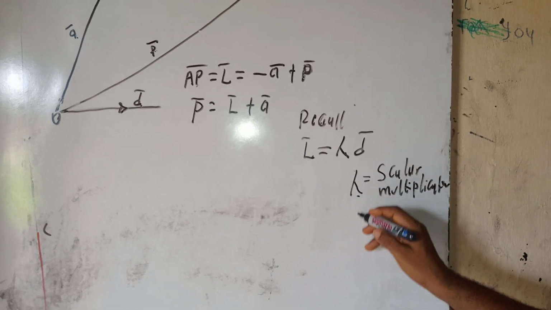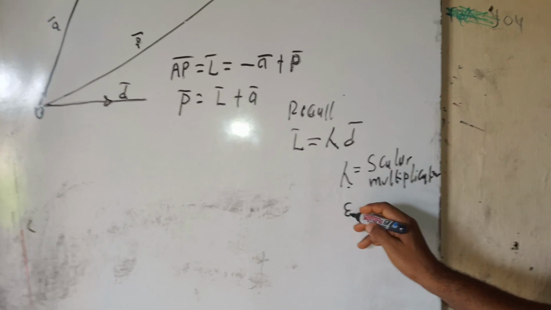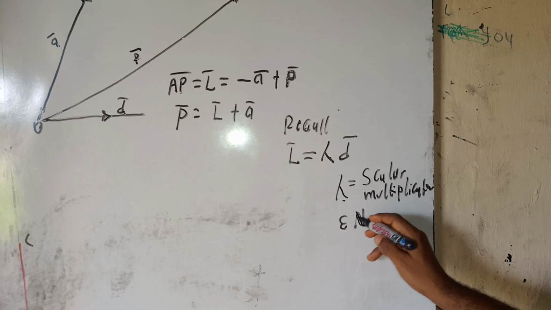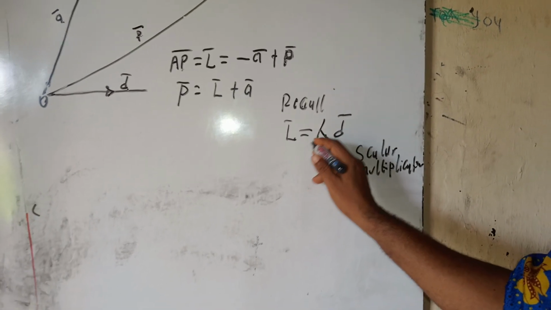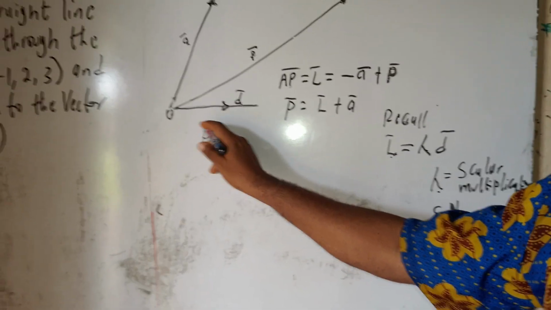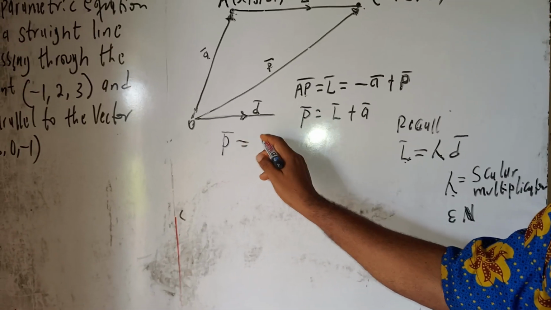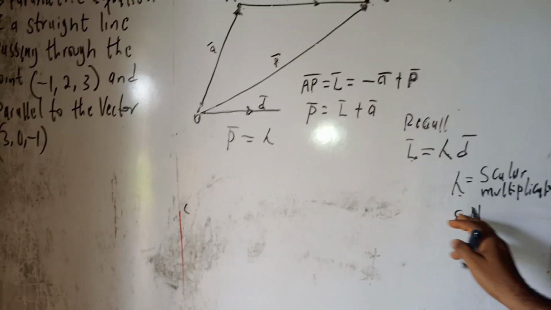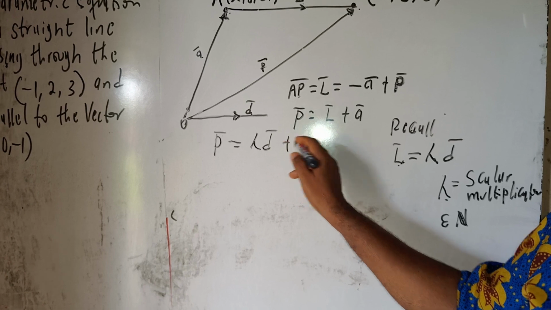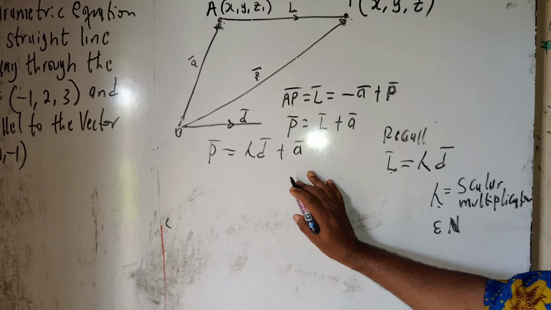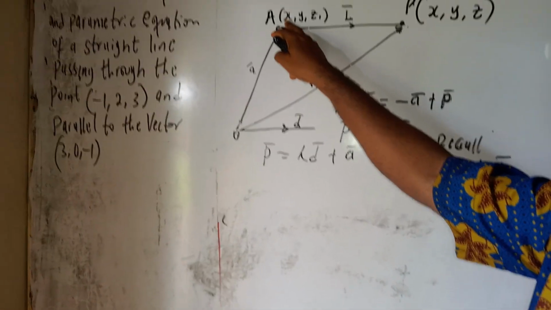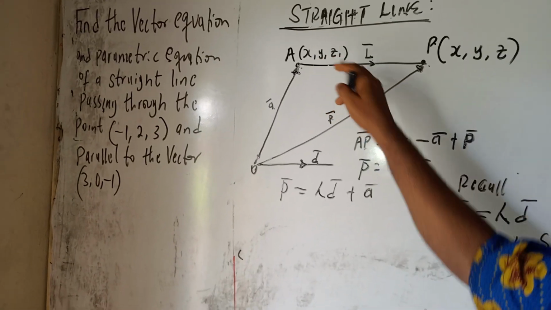This particular scalar multiplication is an element of a real number in the real number line. It's an element of a real number. So I will replace this vector L with this now. So now vector P becomes this scalar multiplication of a vector D, this parallel vector D, plus vector A. So in a nutshell, the vector A that I have here is x1, y1, z1.